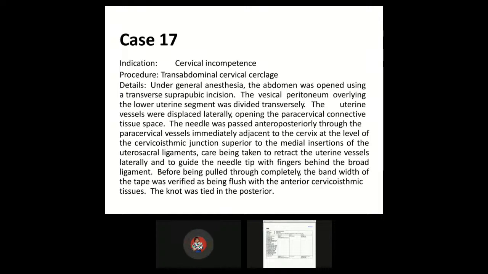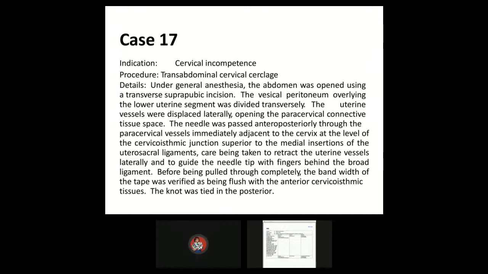The needle was passed anterior posteriorly through the paracervical vessels immediately adjacent to the cervical area at the level of the cervical isthmic junction, superior to the medial insertions of the uterosacral ligaments.